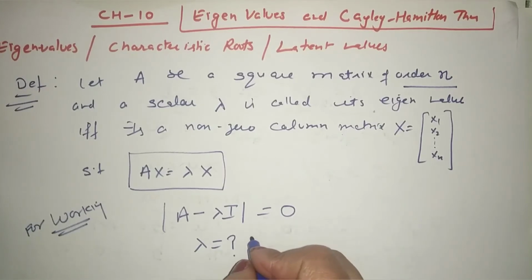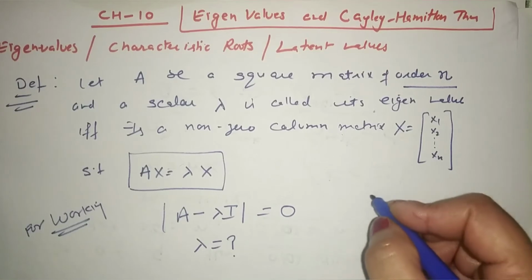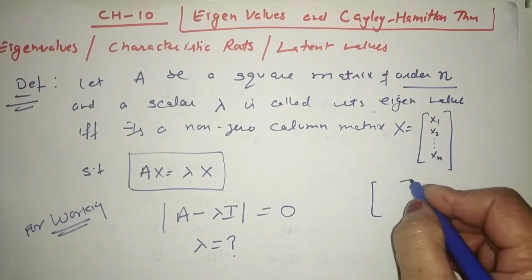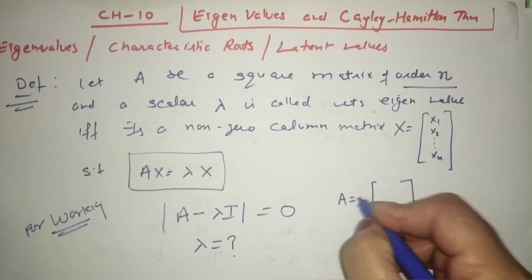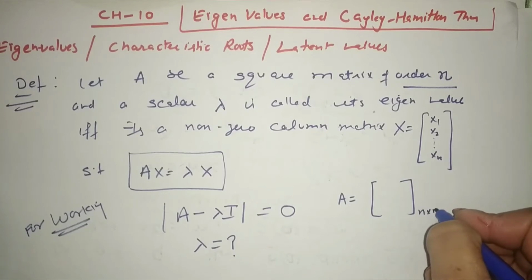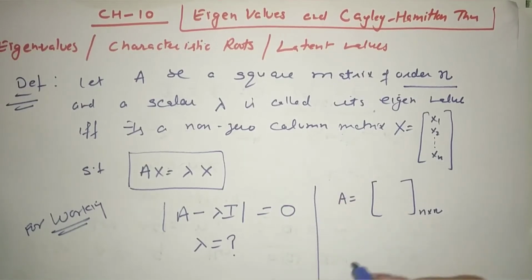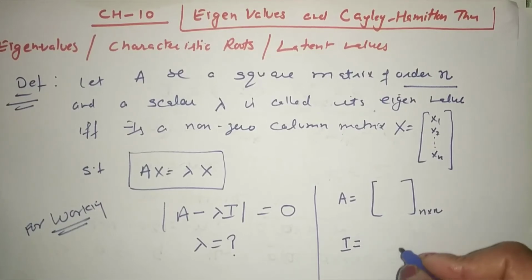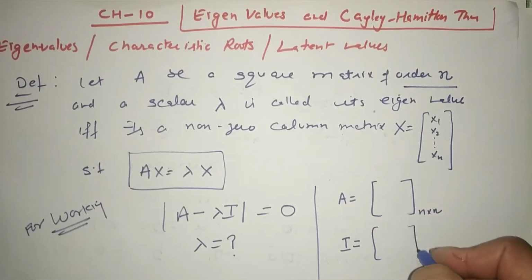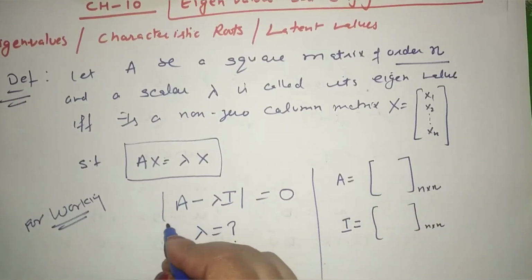So to find the eigenvalue, you will be given some matrix A, which will be a square matrix of order 2, of order 3, or sometimes it can be of order 4. So you write that matrix, and you have to write the identity matrix I of the same order. Then you put these things in this equation.